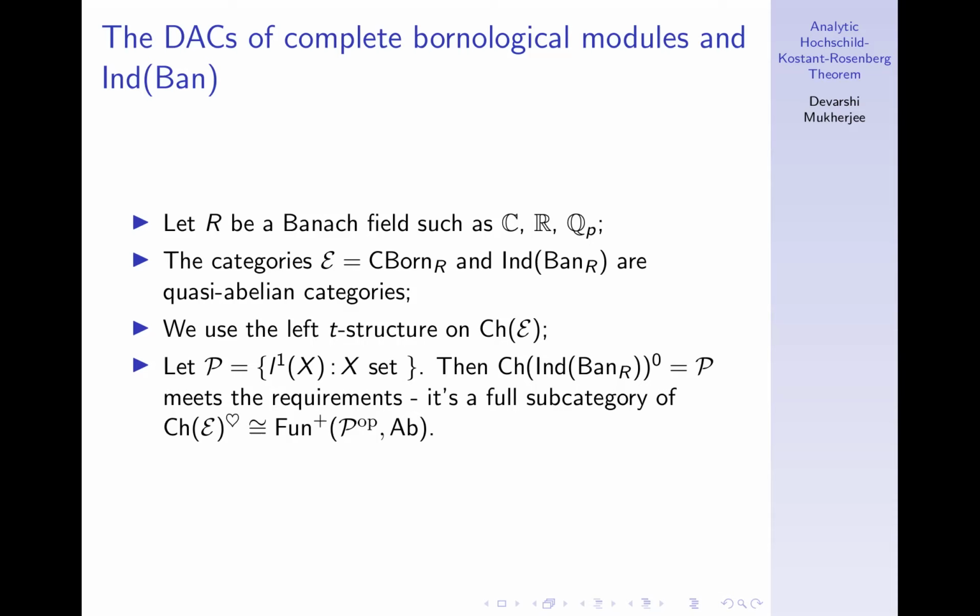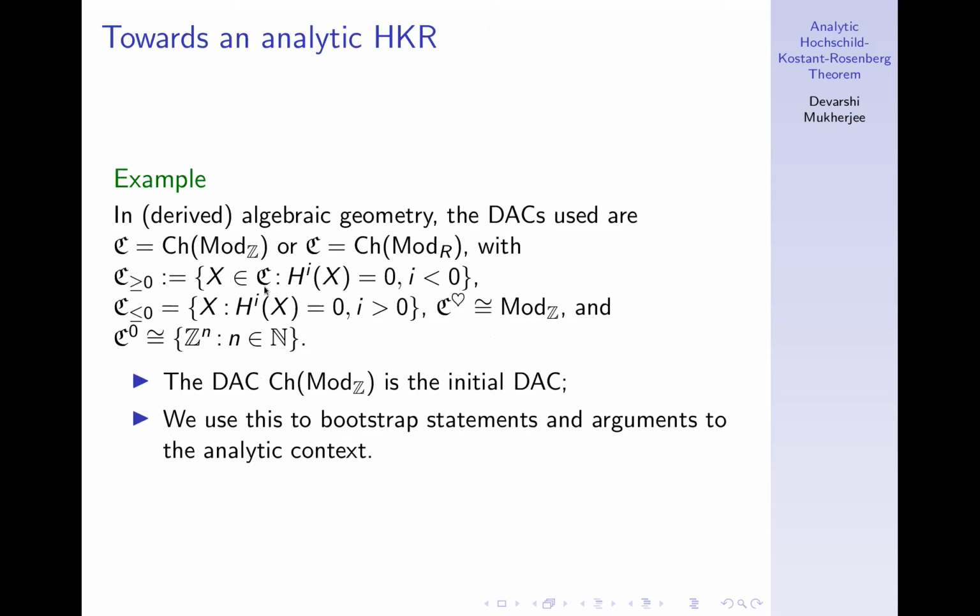These are not abelian categories, these are quasi-abelian categories. If you have any quasi-abelian category, the thing to note is that you can take what is called the left t-structure, which can be defined similarly, where instead of having vanishing homology groups, you have complexes which are exact in negative degrees, and similarly exact in positive degrees.